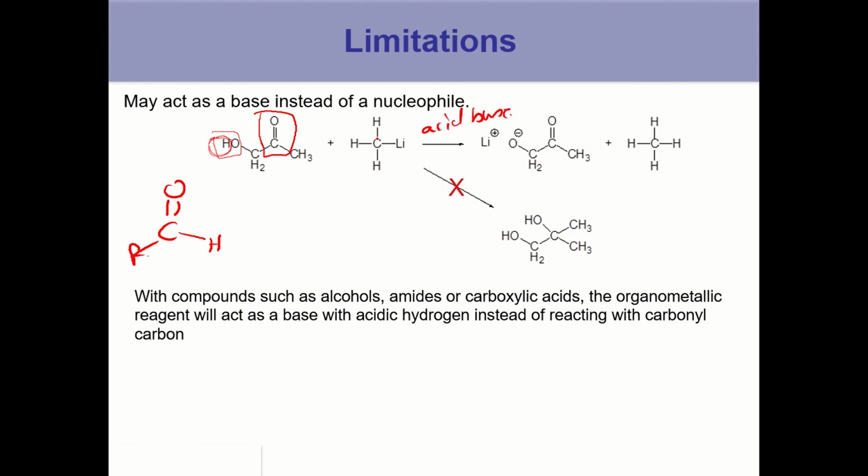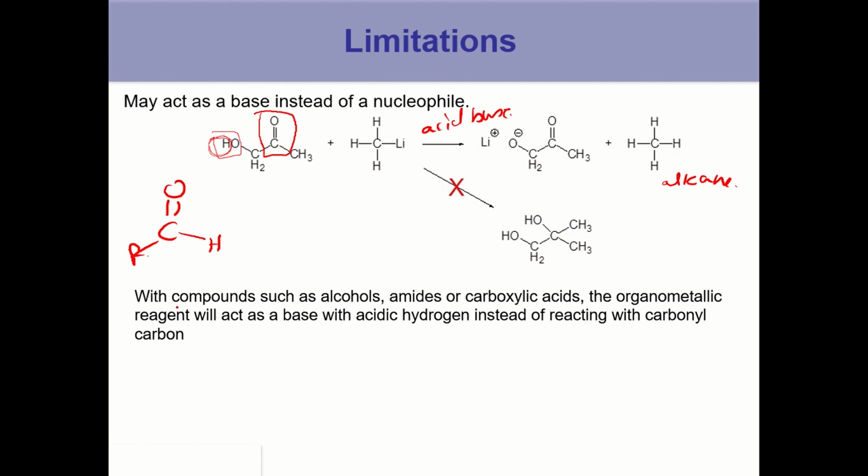Now this is going to work as a base, and this hydrogen is going to work as an acid. So what we are going to end up with is an alkane plus this ion. Now the desired product is not an alkane. While it can be used to generate an alkane, it is not the ideal way to generate an alkane. So this is a limitation.